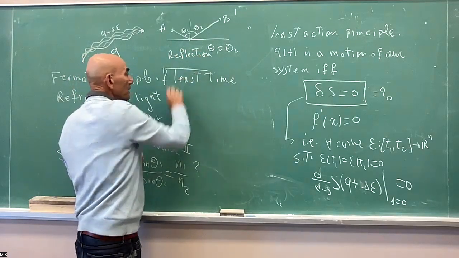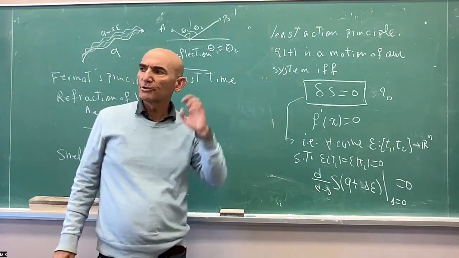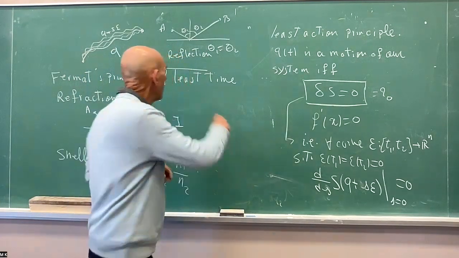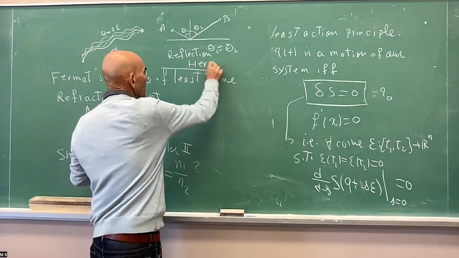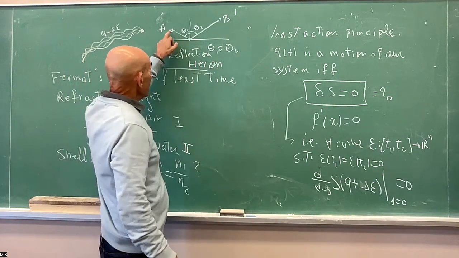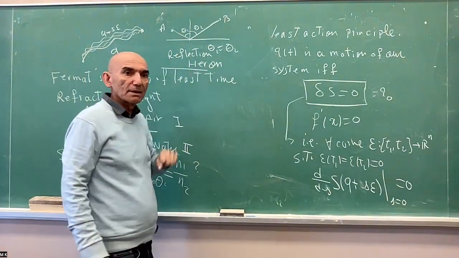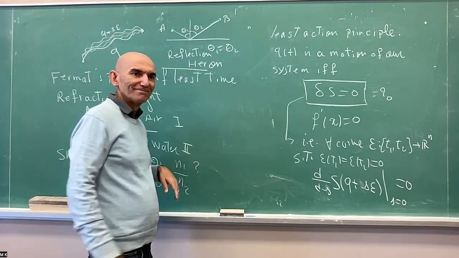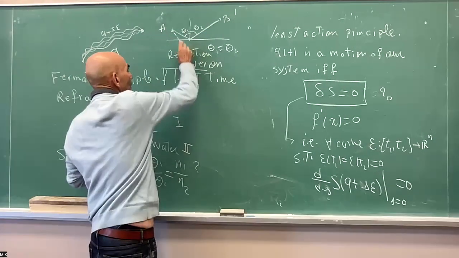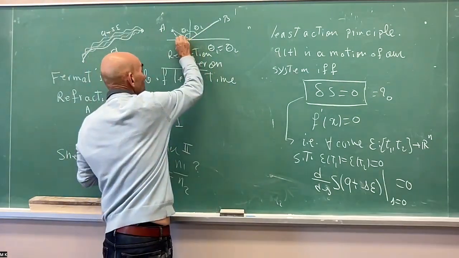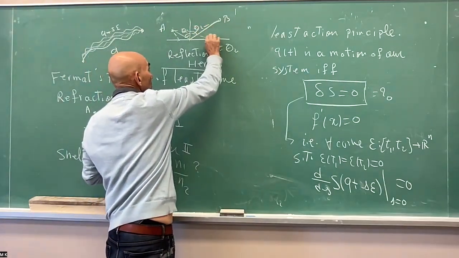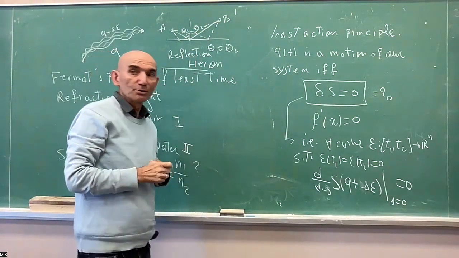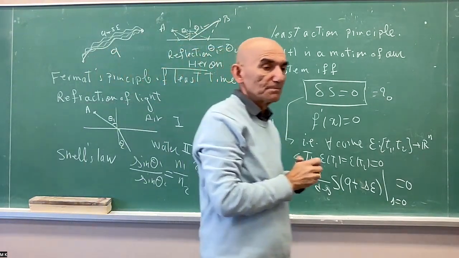But already the Greeks knew, for example, this Greek geometer and physicist, was it Heron? Yeah, I think it was Heron. He observed that this path is the shortest path among all paths connecting A to B. I mean, light could have taken something else, like this one, or this one. But exactly when theta 1 is equal to theta 2, it is the shortest path.